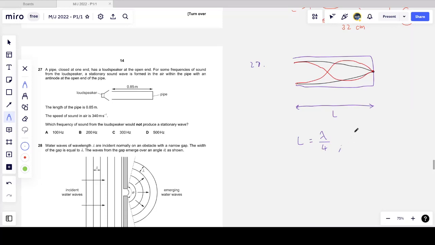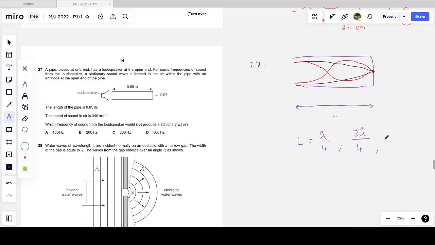But it's also, if I look at the red wave, 3 lambda over 4. The red wave is 3/4 of a wave. I've drawn half a wave, a quarter of a wave, and I'm missing the other quarter. So I've only drawn 3/4 of the full wavelength. And so what I can see is a pattern is emerging.